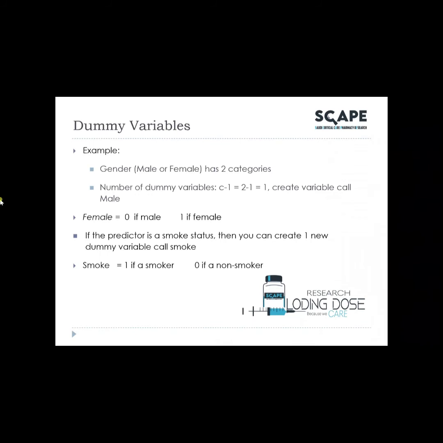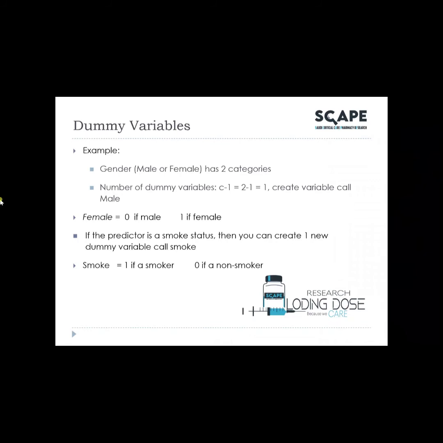For example, if I have gender, I will not code male as 1 and female as 2. I have to divide the gender into two variables, and then code female as 0 or 1. Female, yes, will be 1, and no will be 0.